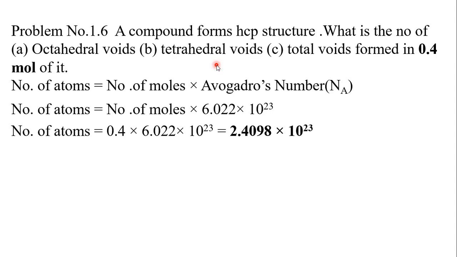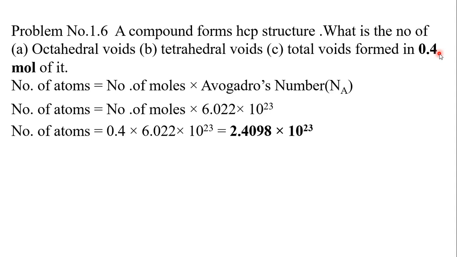Now see here another type of problem based on octahedral and tetrahedral voids. A compound forms HCP structure, hexagonal closed packed structure. What is the number of octahedral voids, tetrahedral voids and total number of voids formed in 0.4 moles of it? What is given to us? Only the number of moles is given, and from the number of moles we have to find out the octahedral voids, tetrahedral voids and total number of voids.